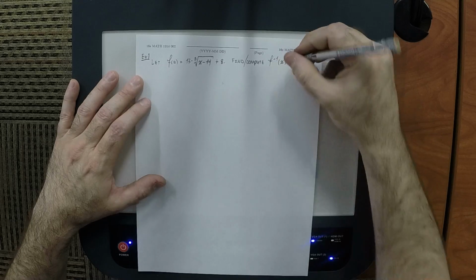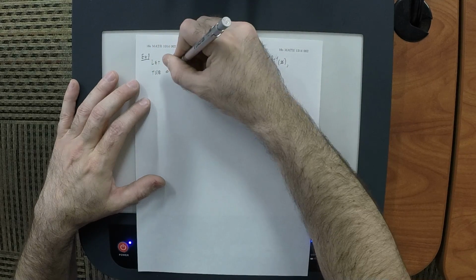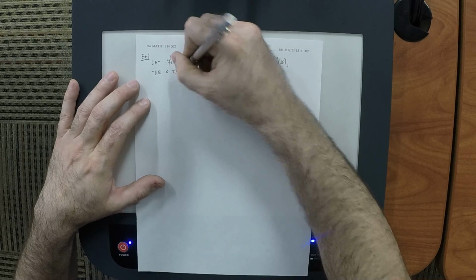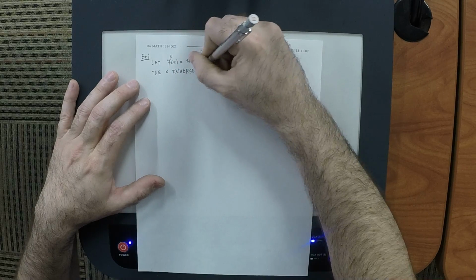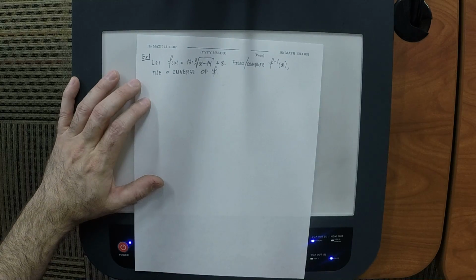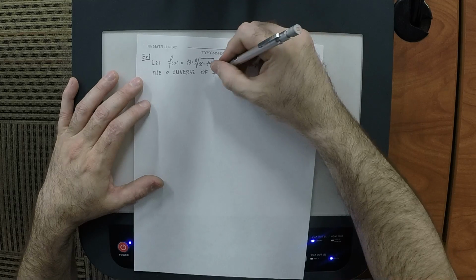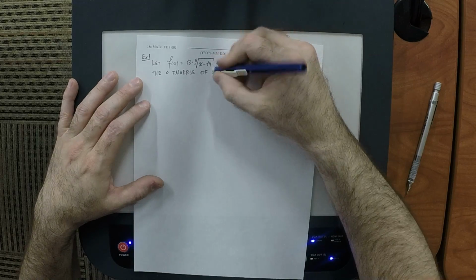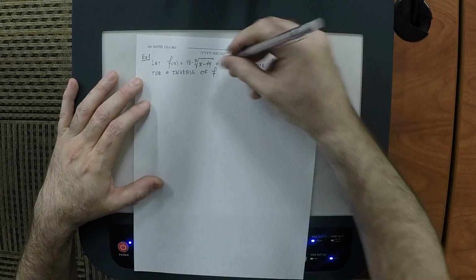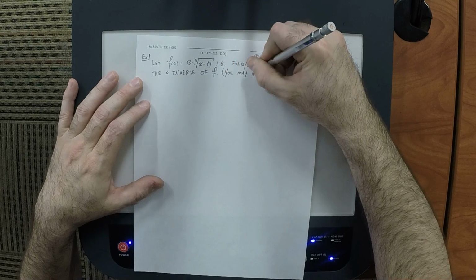That is to say, the compositional inverse of f. Okay, and then I'll say parenthetically, you may assume it exists.